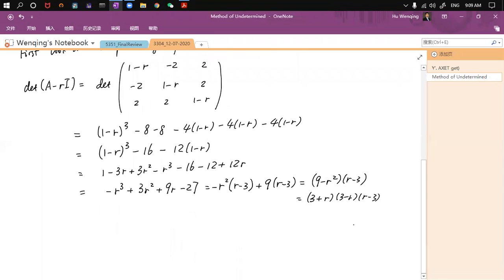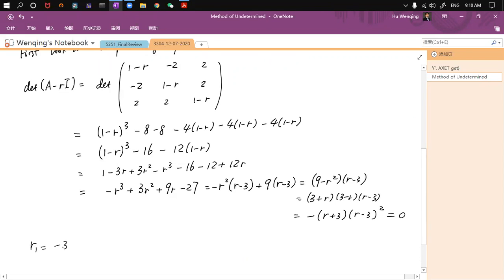Indeed, you're going to have minus times R plus 3 multiplied by R minus 3 squared. So that's the determinant. If you set the determinant equal to 0, you see that the first eigenvalue is minus 3, and the second and third eigenvalues are equal to 3.